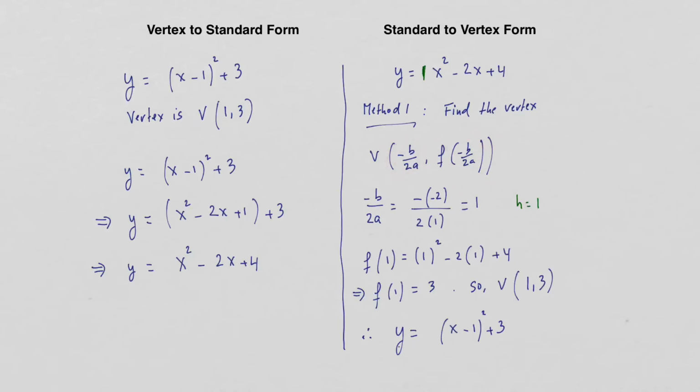To find K, you just find f of 1, the image of 1. Well, it's 1 squared minus 2 times 1 plus 4. And what is that? That's 1 squared, which is 1, minus 2, plus 4, which is 3. So now I know K is 3. And I already knew A is 1.